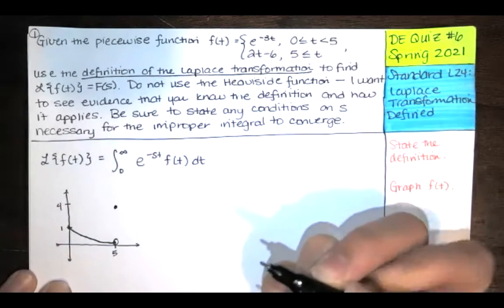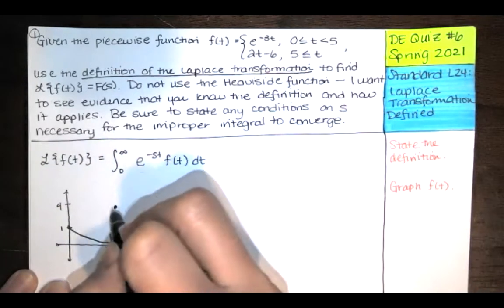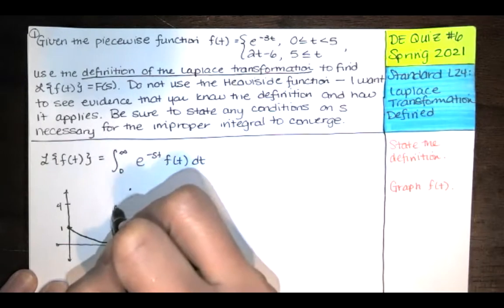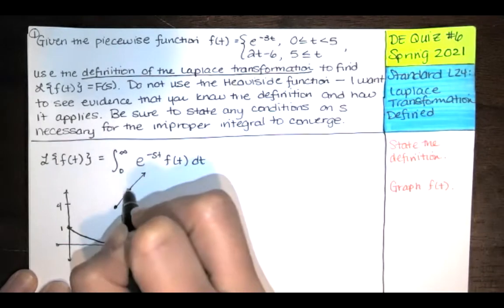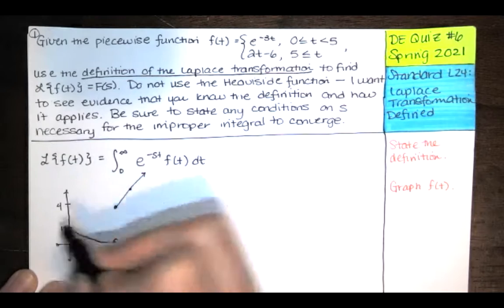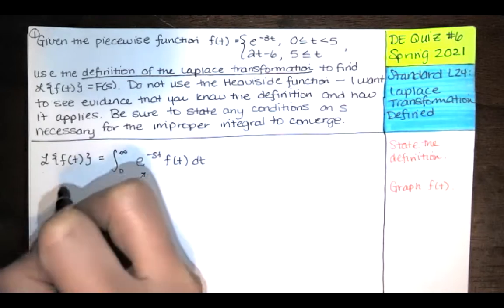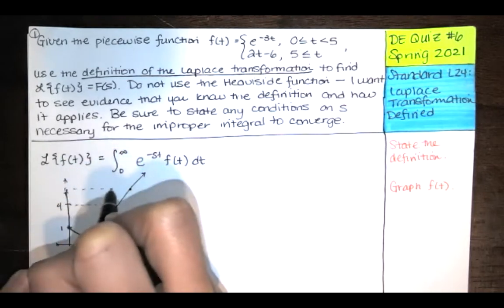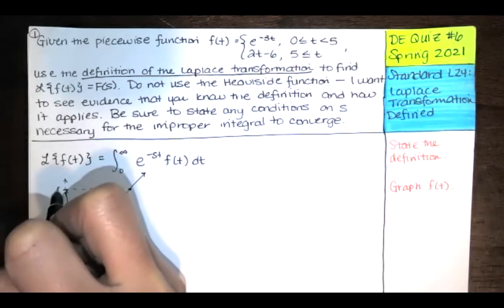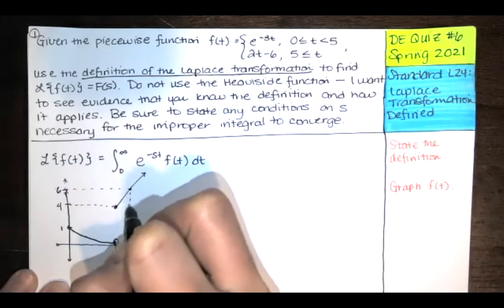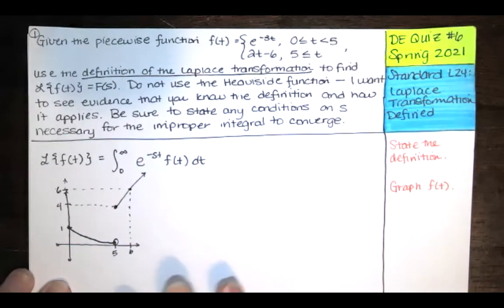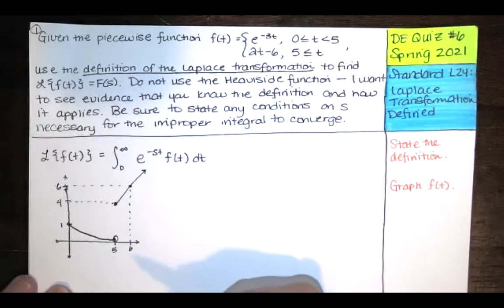And then it has a slope of 2, so we're going to go up 2 and over 1 to get another point. So if this is 4, this would be 6 when t is equal to 6 here. So this is our f of t.